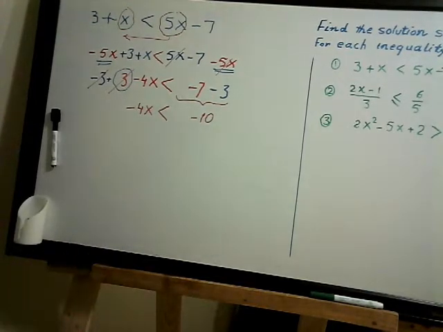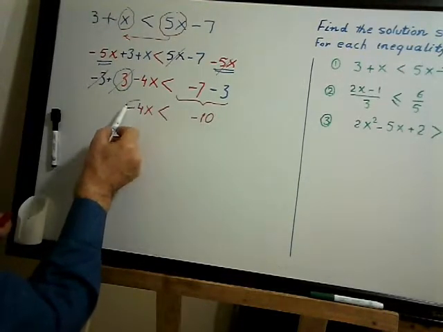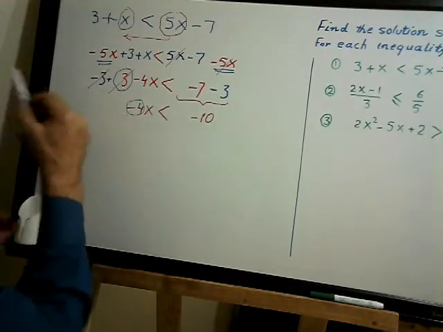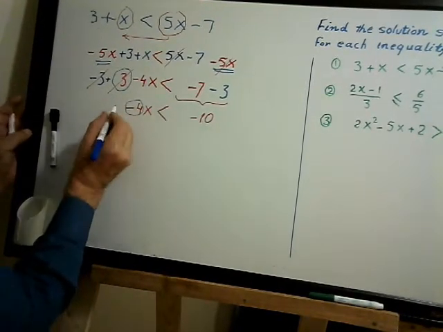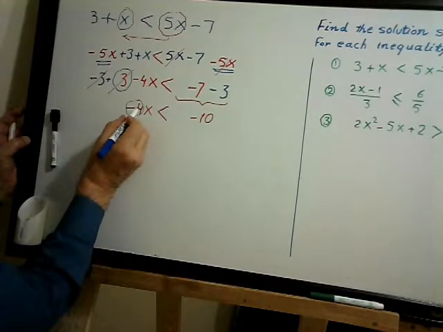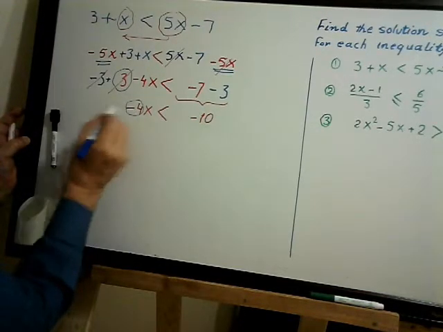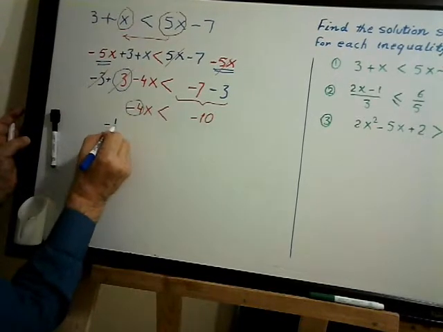The next step is to get rid of the coefficient of x, the number negative 4. We can do that by multiplying by its inverse, which is negative 1 over 4.